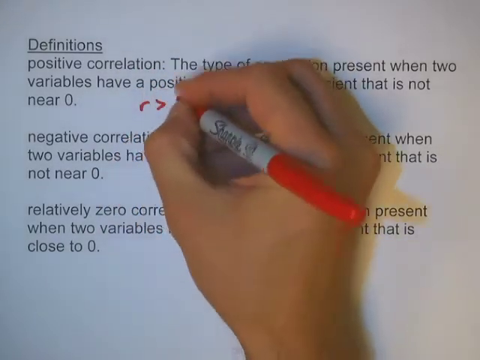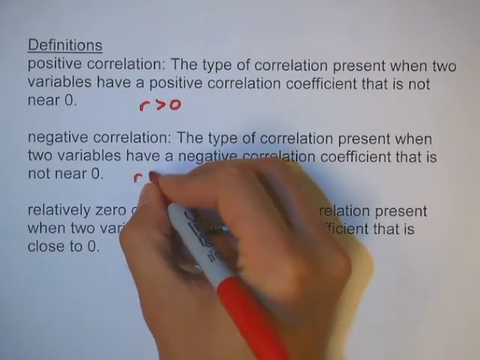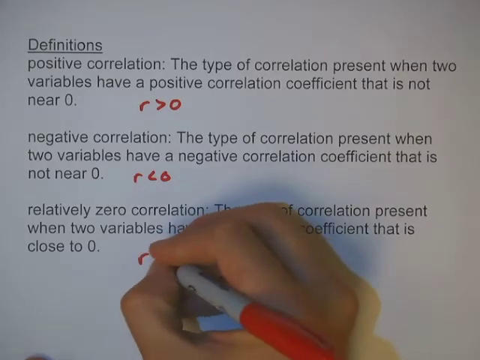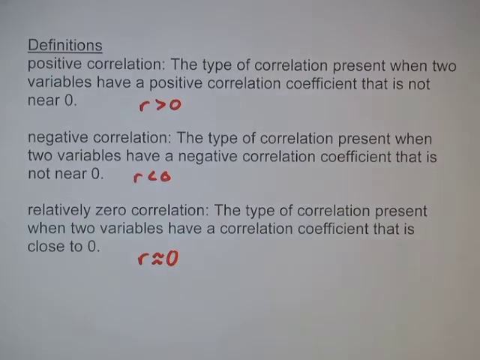So this is basically R greater than 0, and this is basically R less than 0. And then relatively zero correlation is any type of correlation present when two variables have a correlation coefficient that is close to 0, so R is approximately equal to 0.